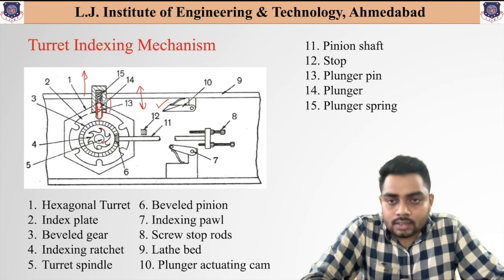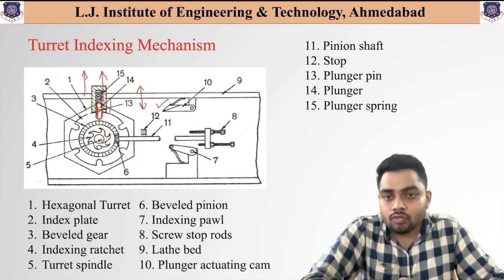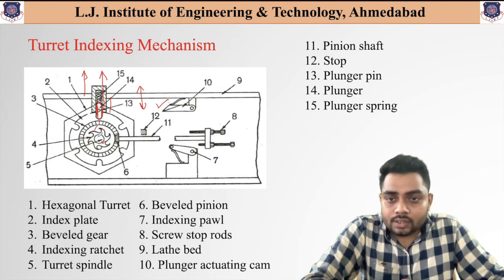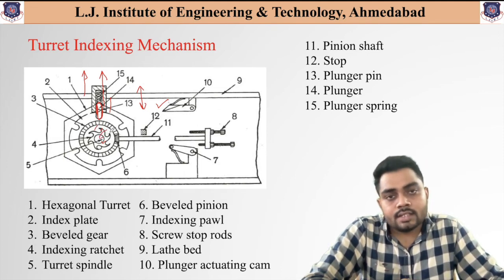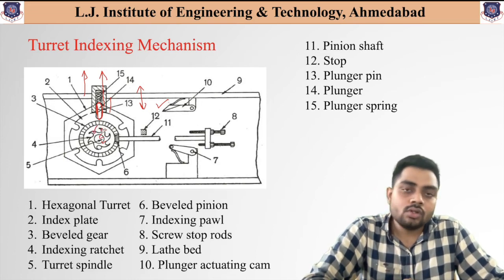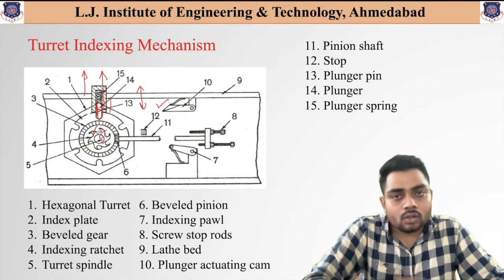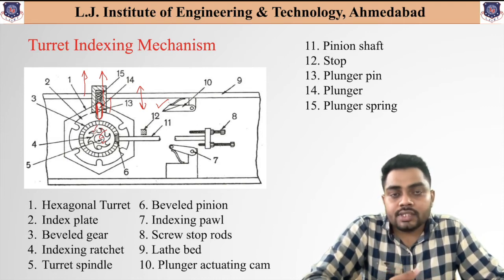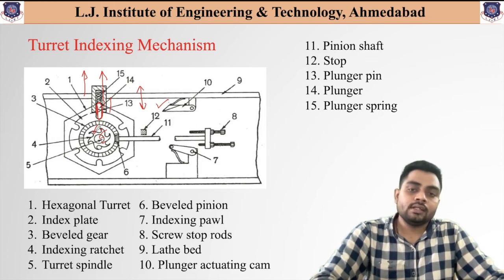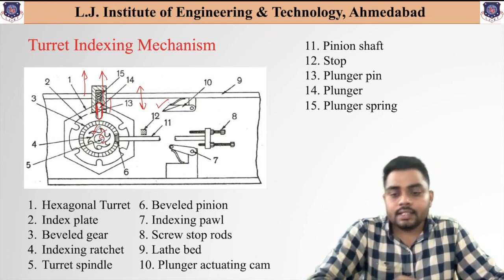So as this plunger moves in the outward direction, this ratchet or this turret spindle rotates. As this turret spindle rotates, the outer ratchet also rotates. This ratchet rotation is helpful to achieve the required tool.